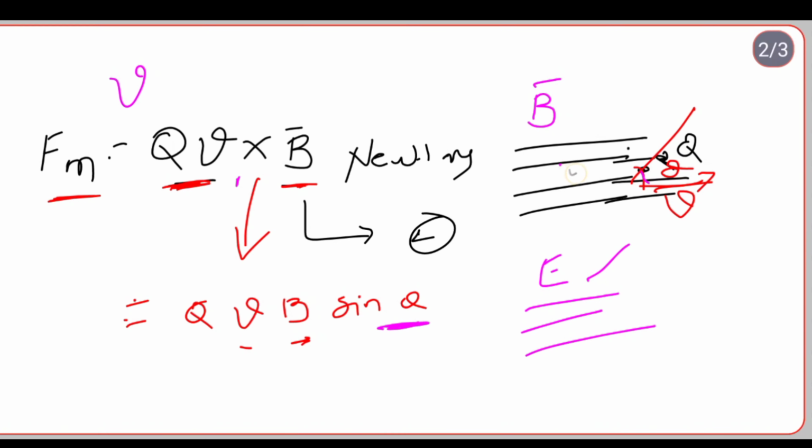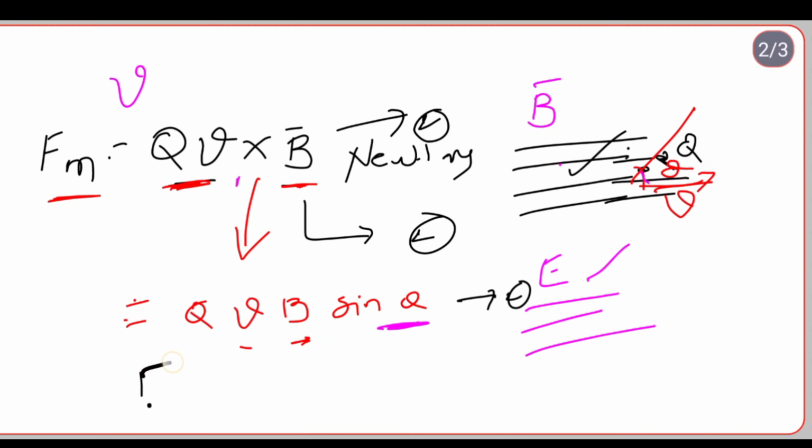In the presence of these two forces, we have to add equation 1 and equation 2. By adding 1 and 2, the total force on this charge can be obtained.